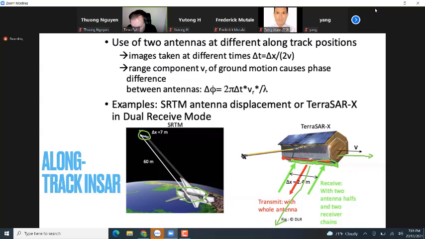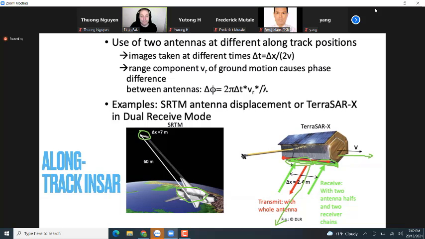Right. So there's a short time difference between the front and the back of the antenna. You can imagine it's a very short time difference. But if you have something that in that short time difference is moving a millimeter, then you would have a phase difference and you could measure that.